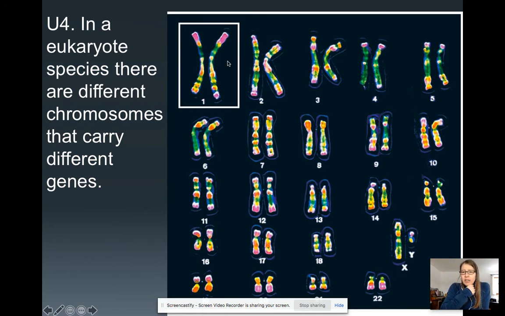But the genes that we have, the gene, that's one unit of heredity, right? That's what's going to code for a protein. Those are found in specific locations within the genome, on a specific chromosome. So we looked earlier at sickle cell anemia, which is found on chromosome 11, right? And we get 2 copies of that chromosome. So we get 2 copies of that gene, essentially.